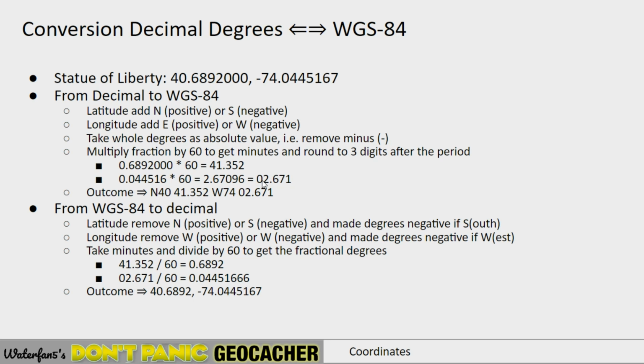As I talked about, the standard typically does 2 digits and then 3 digits for the minutes part as the precision. So that means that if we want to convert this to the WGS system, we get 41.352, 74 02.671. That is the same coordinate again that we saw on the previous slide.